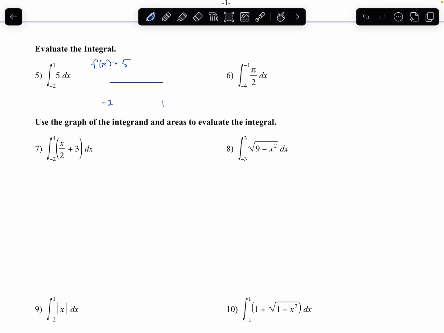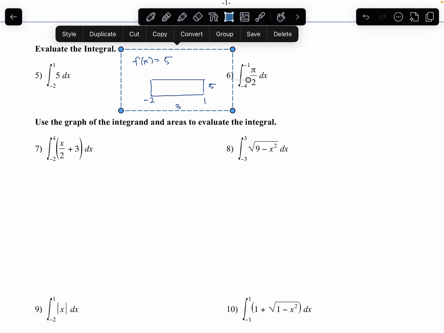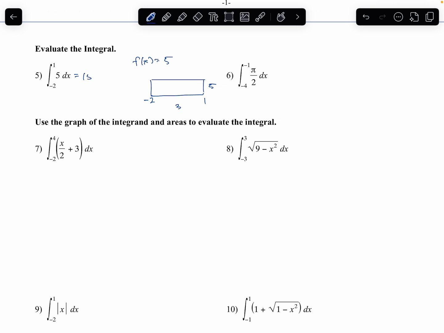So the rectangle has a height of 5, and then we have an interval of 3. And so this integral is going to be equal to 15. All we have to do is multiply that together.